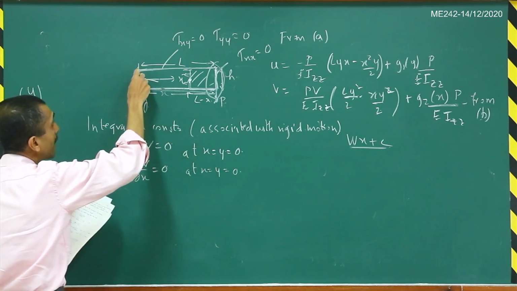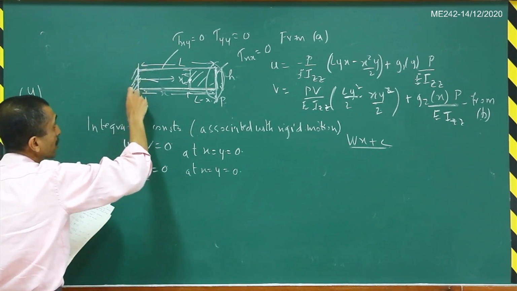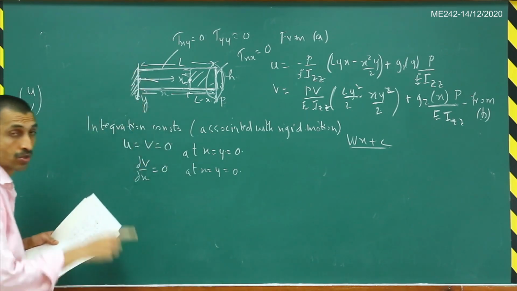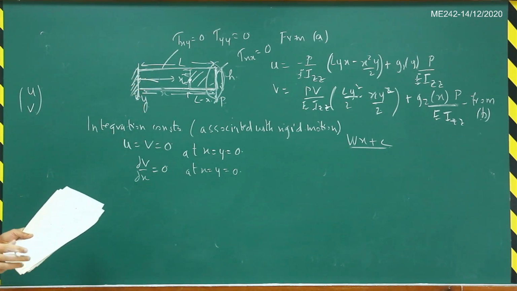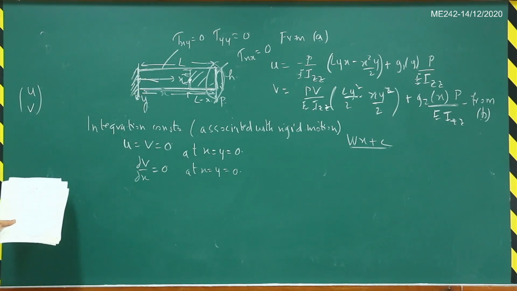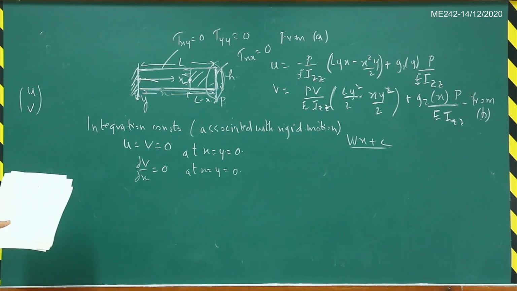In reality, the displacement should be 0 along the whole edge, but this solution will not satisfy that. I keep repeating this: the moment you have a finite number of terms in your Airy stress function, typically you will not be able to satisfy all the boundary conditions.